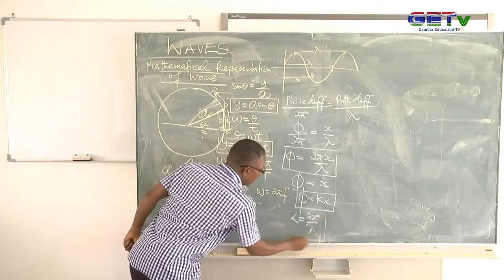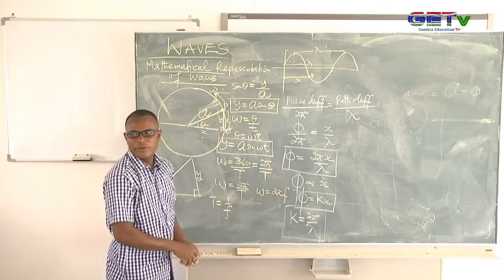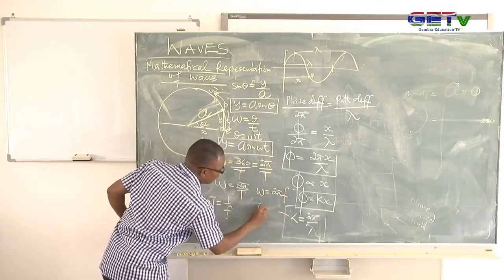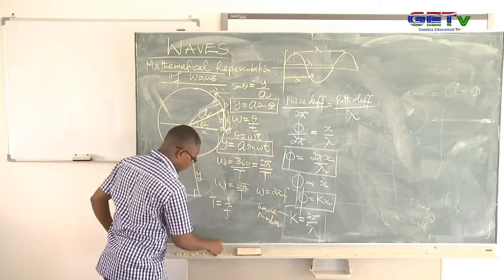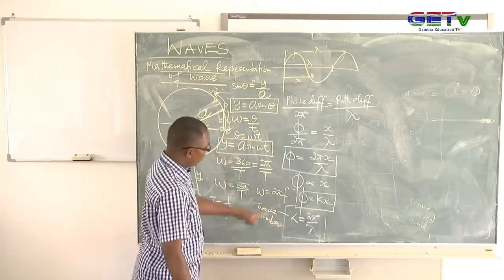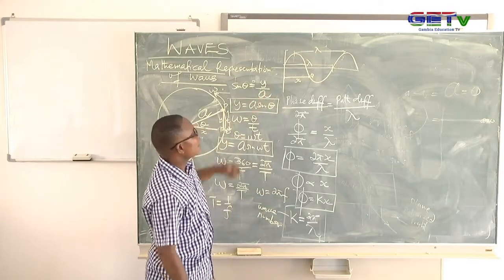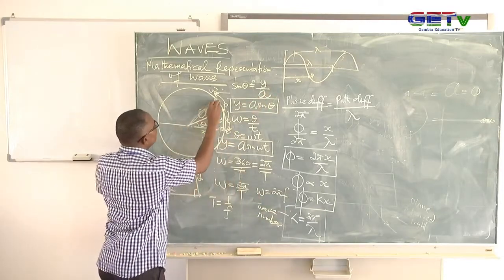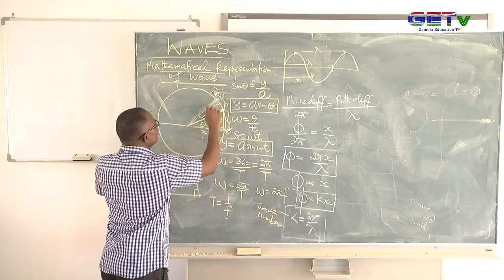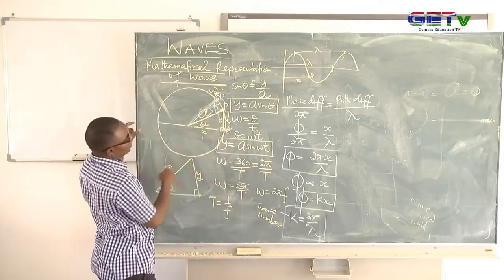That k is called the wave number. That constant is called the wave number. Now if the wave is moving, with another particle at another position, there is a phase difference.